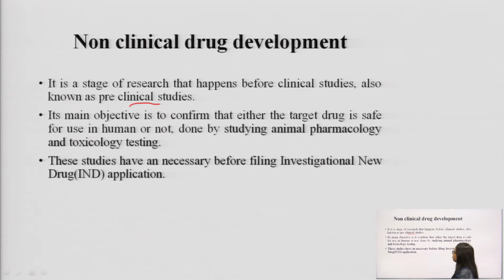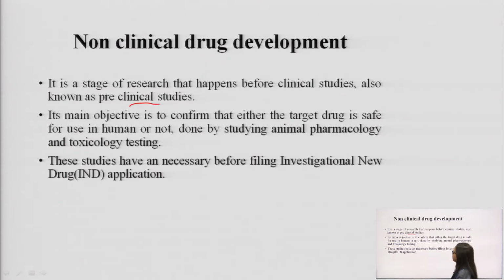What is the objective of non-clinical drug development? Why don't we do a clinical trial directly on humans? The main objective is to confirm whether the target drug is safe for use in humans or not, by studying animal pharmacology and toxicology testing.